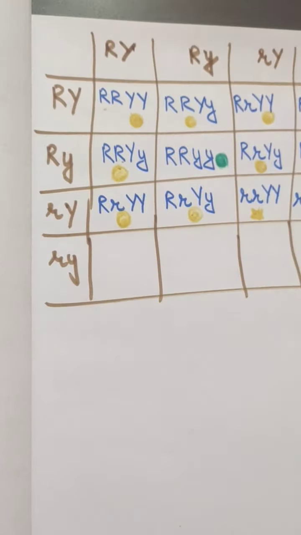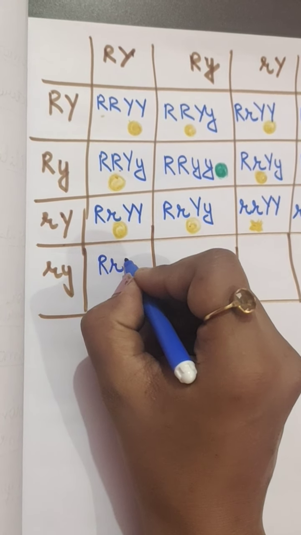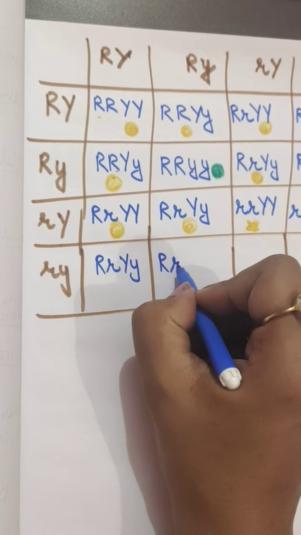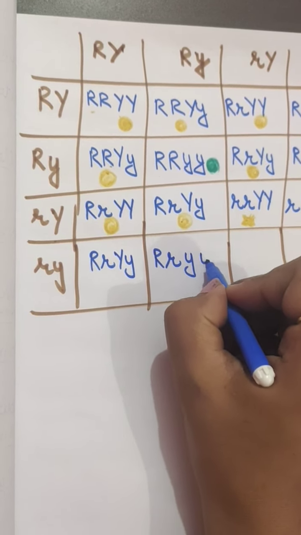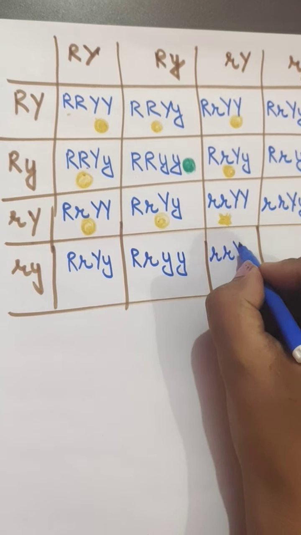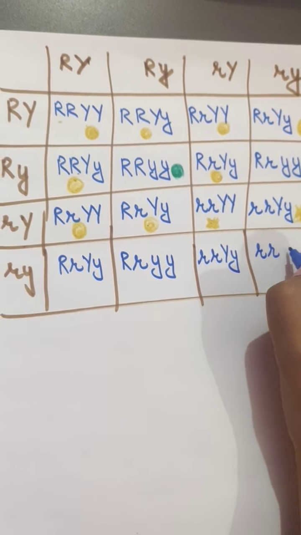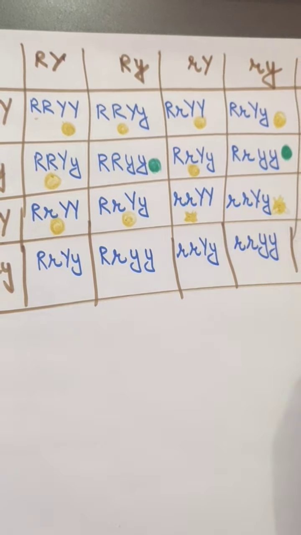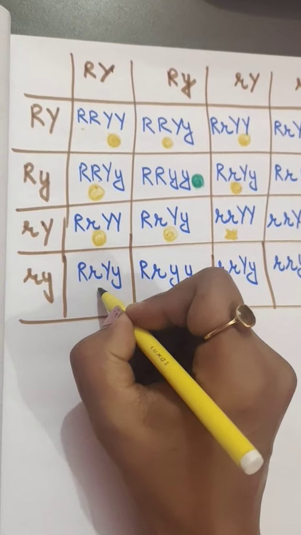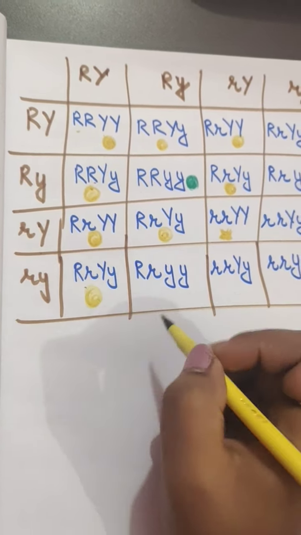Okay, so now let's do this for small r and small y, capital R, small y, small y, small r, capital R, y and small y, and small r, small y, small y. Again here the shape and color are dominating, so round shape and yellow color.